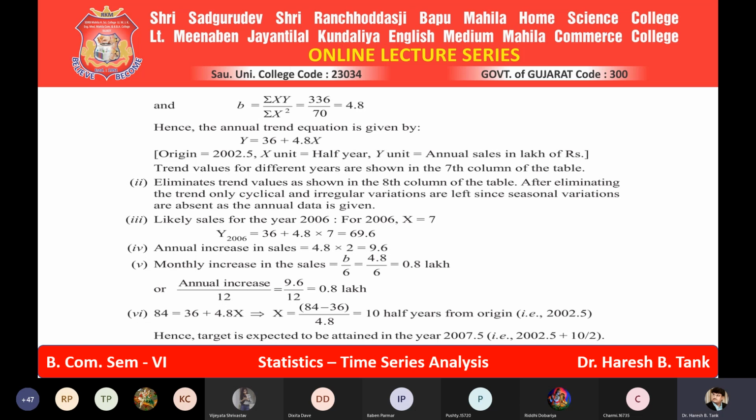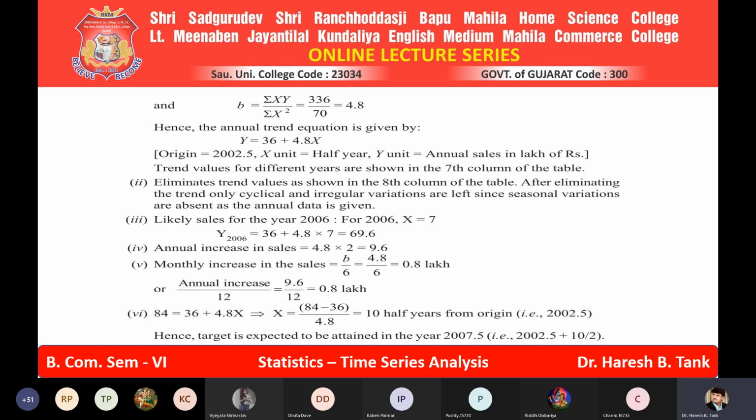And the last one, which was a little newer for our case, is 84 lakh. In which particular year will you get the cells of 84 lakhs? So in the equation, your Y is given to you as 84 and our intention is to get the value of X. This is again an equation.